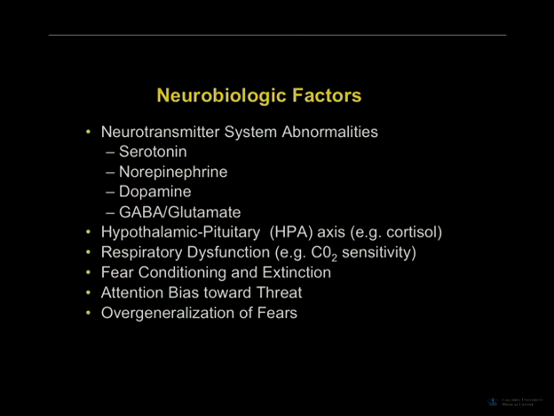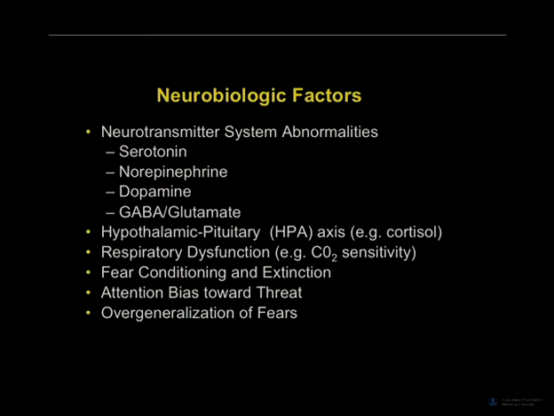Several neurotransmitter systems, the ones that we have studied the best and the ones that we have medicines that affect, clearly are functioning somewhat differently in people with anxiety disorders. These include serotonin, norepinephrine, dopamine, and GABA and glutamate systems. There are hypothalamic-pituitary axis abnormalities in cortisol secretion and in central regulation of the HPA axis.